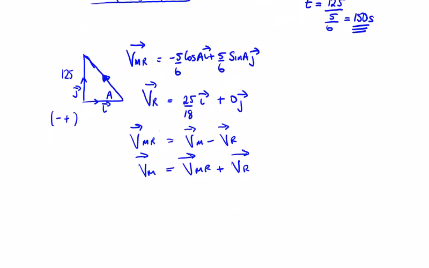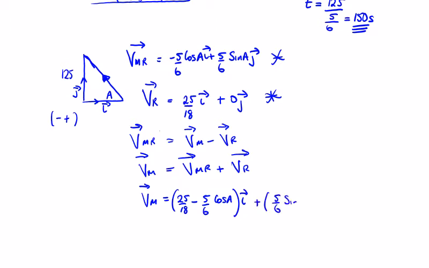So let's add these two things together and see what we get. So the velocity of the man is equal to, have we got two things in the I direction? We have 25/18, and we have minus 5/6 cos A. And in the j direction, we just have that 5 over 6 sine A times j.